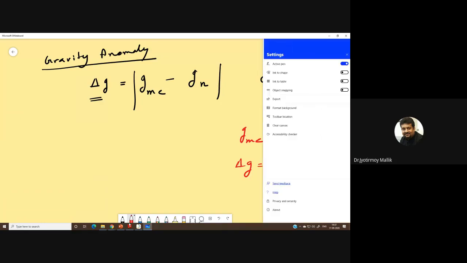Now as per convention or practice, there are two types of gravity anomalies which are generally calculated.